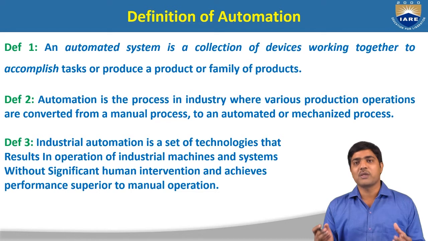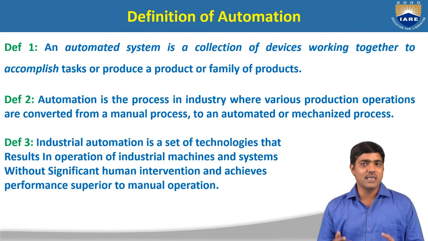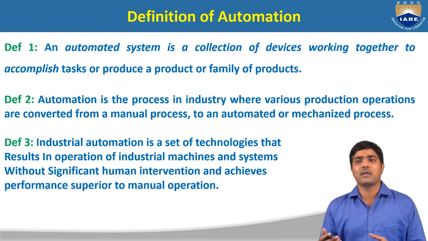When you go to industries manufacturing cars, you can see a large number of robots working on manufacturing a car. Each robot has a special function. For making the electronic assembly, there will be one robot for electronics, and there may be some other robots for painting purposes. All these devices work together to complete the manufacturing of a car.